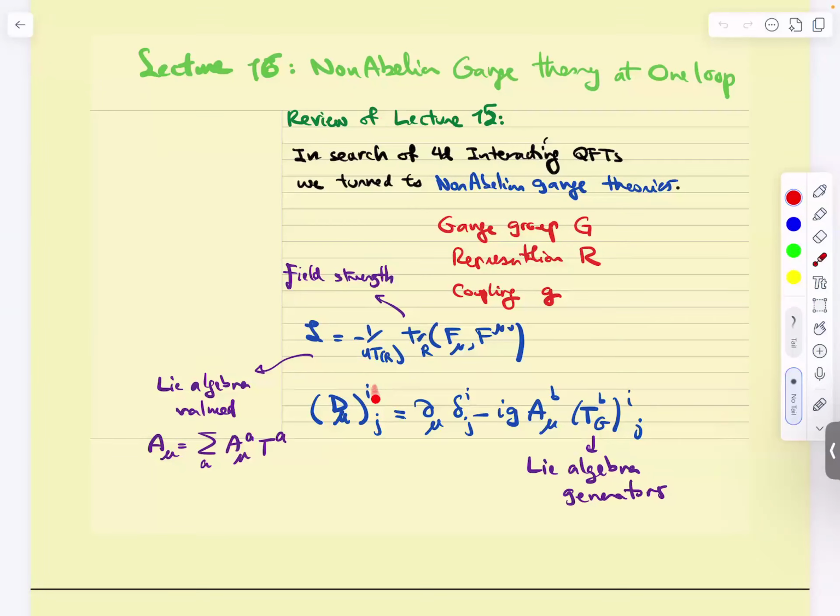So you could view them as 2 by 2 matrices. There's a piece that is just the standard derivative, diagonal of course, and then there's a piece proportional to your connection, your gauge field. And these are the Lie algebra generators. Good.